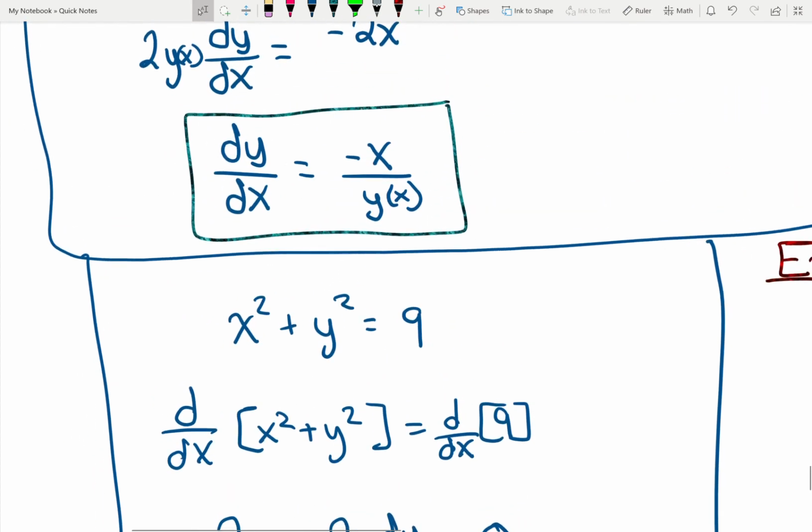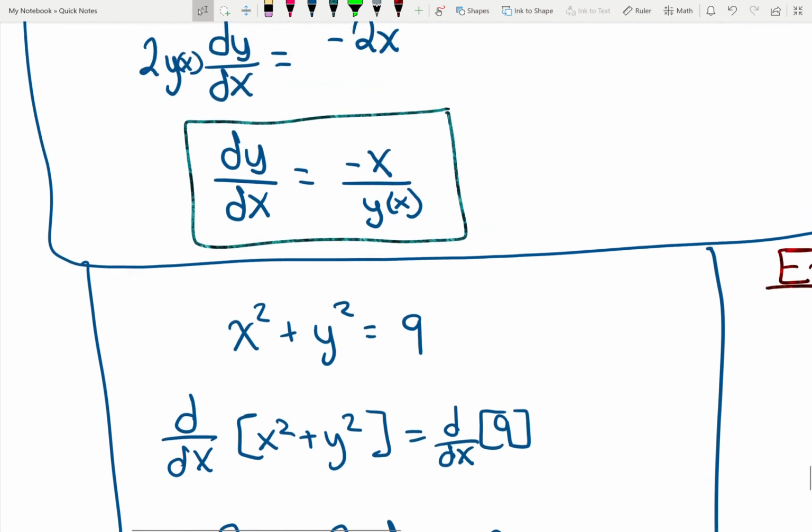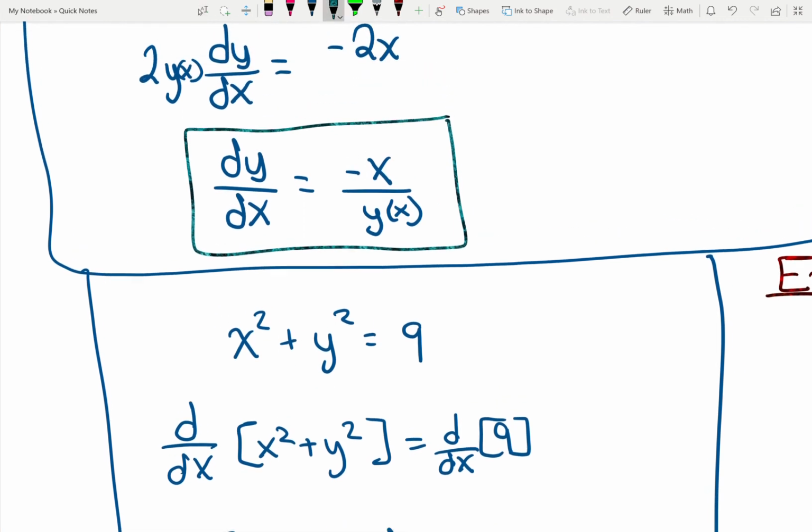To take the derivative of something that's written in implicit form, all you have to do is take the derivative of this guy, and then take the derivative of this guy, acting like this y is an x. So how would I take the derivative of x squared? It would just be 2x, right? I'm pretending like y is like x, and I just differentiate him the same way.